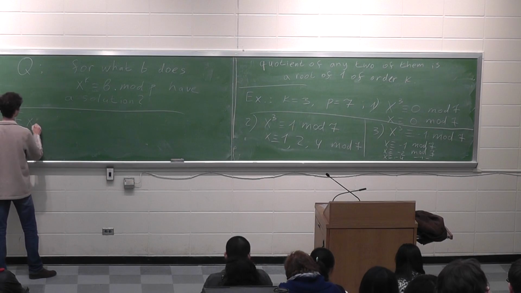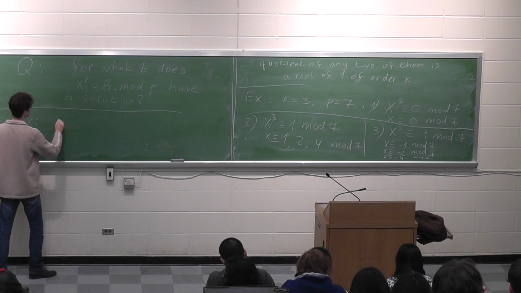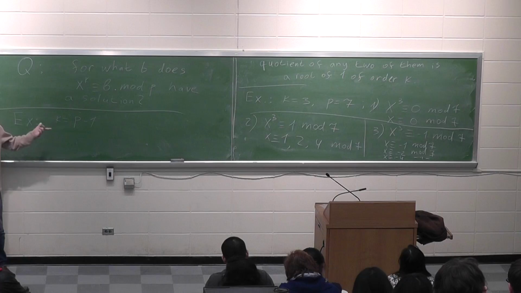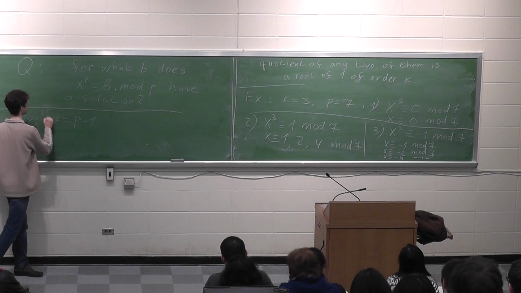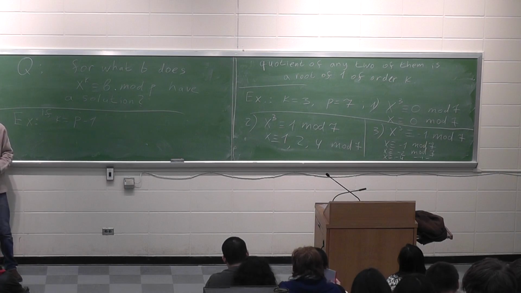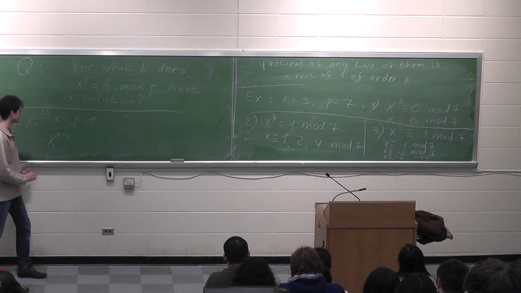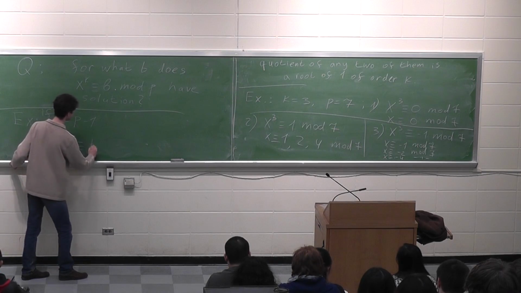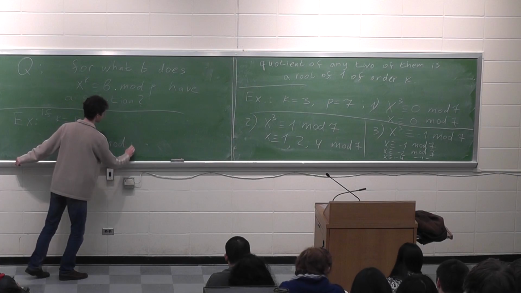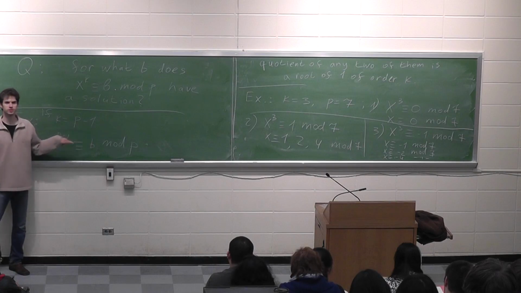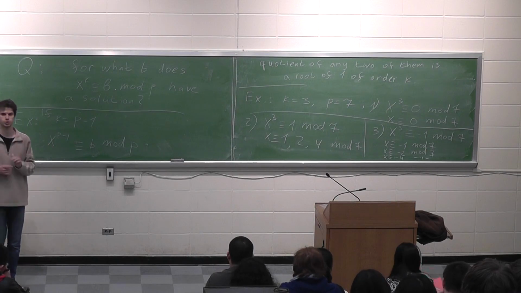Example. What can we say about this question when k is equal to p minus 1? I want to solve such a congruence: x to the p minus 1 is congruent to b modulo p. And the question is, for what numbers b does this congruence have at least one solution?